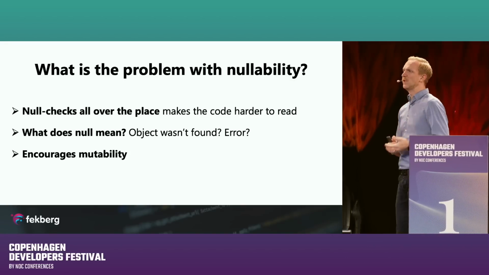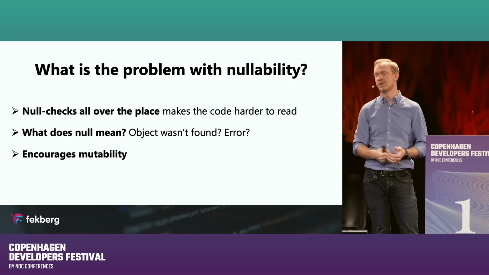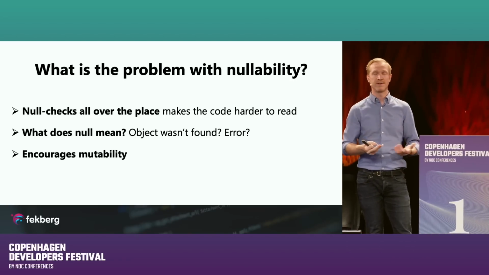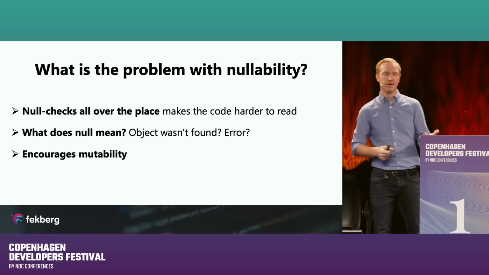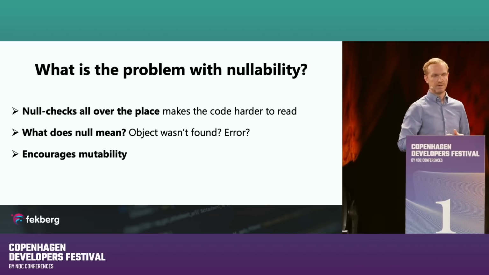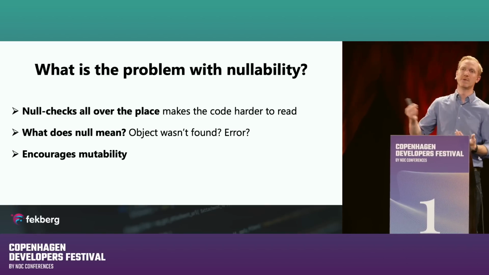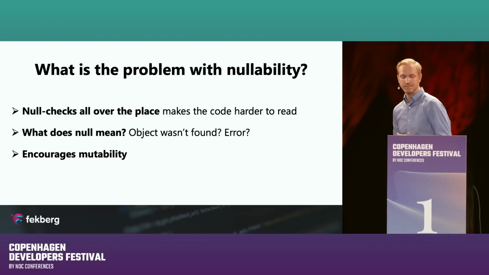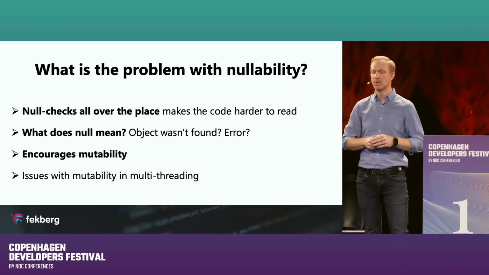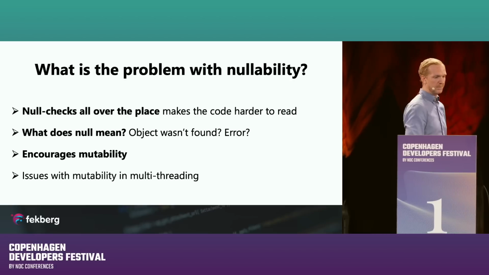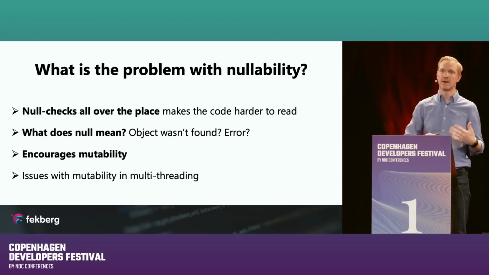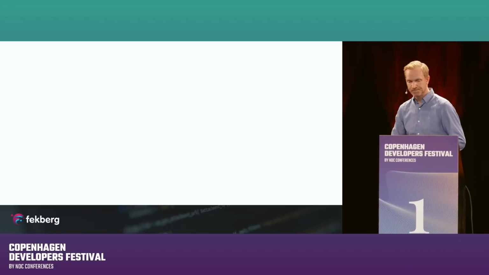It also encourages mutability. If I allow a property to be set to null, then there's an assumption that sometime this is going to be changed to, in fact, have a value. If that's not the assumption, then you can remove the property completely. And of course, this is a problem with multi-threaded applications, especially if you're doing async and await and a lot of multi-threading.